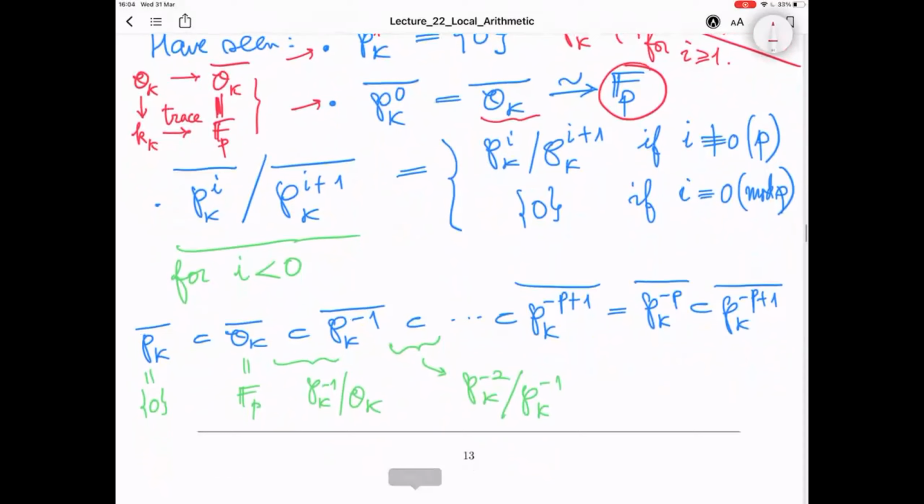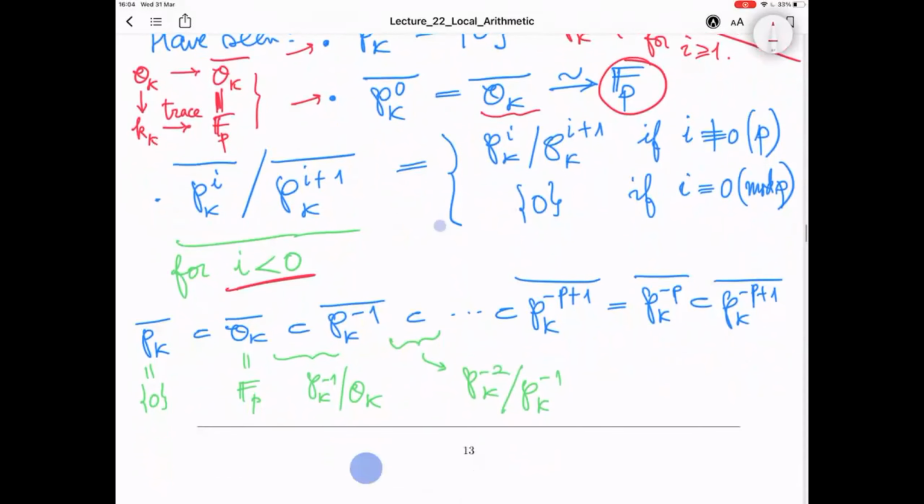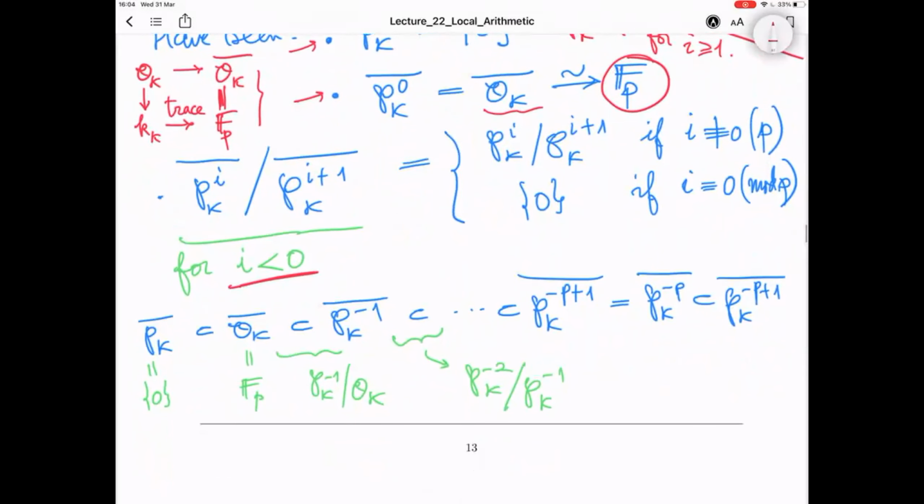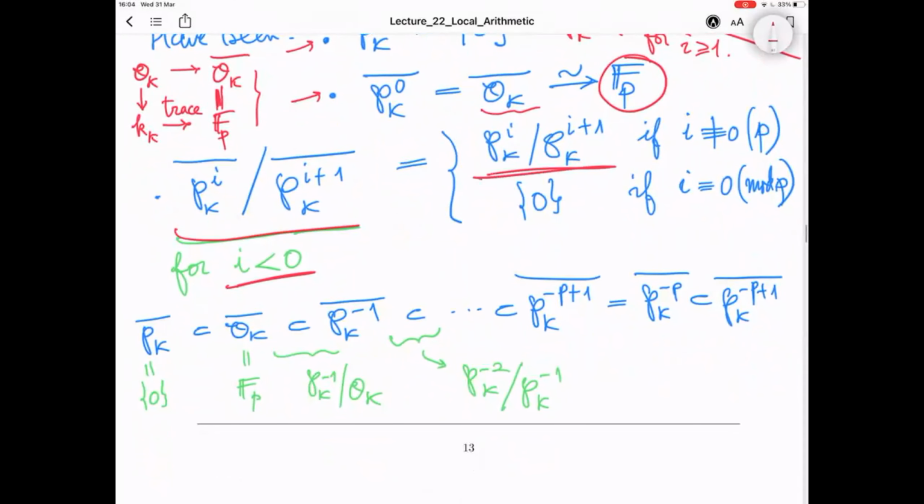And we had proved that for i strictly negative, the quotient P^i bar modulo P^(i+1) bar is equal to the same thing without the bars if i is prime to P, and it's trivial if i is a multiple of P.